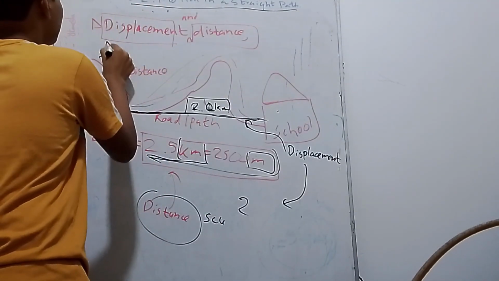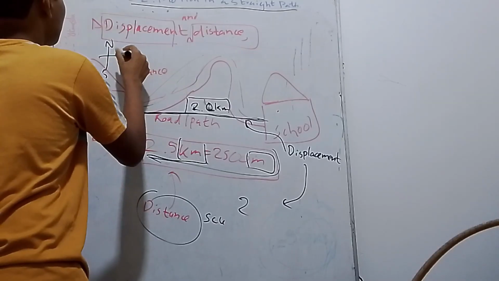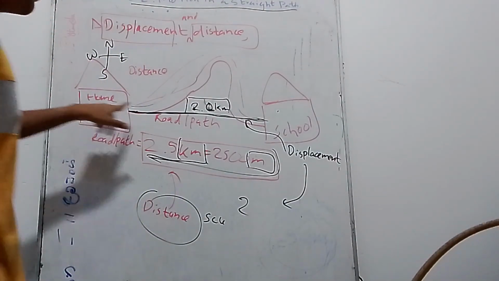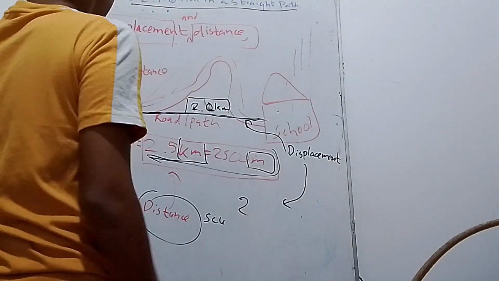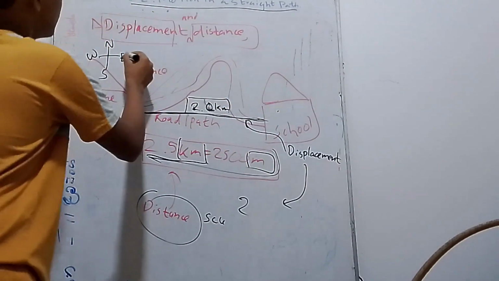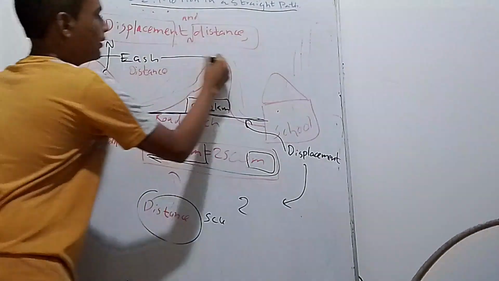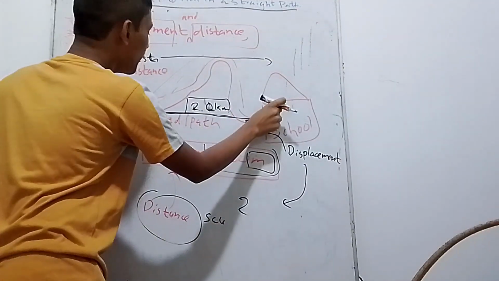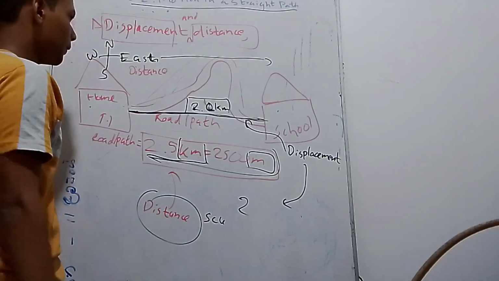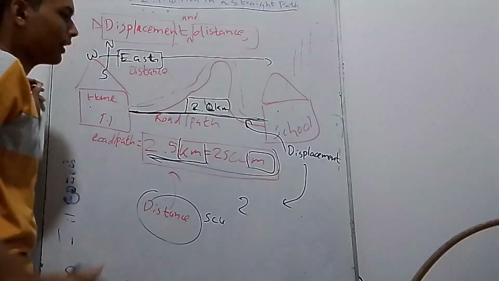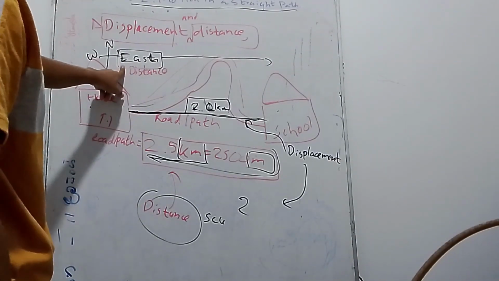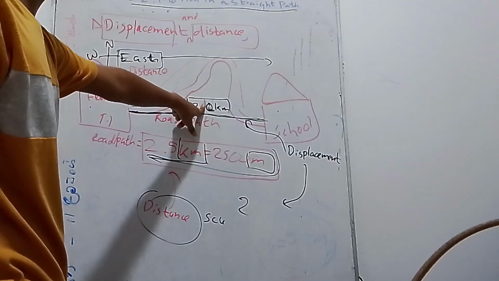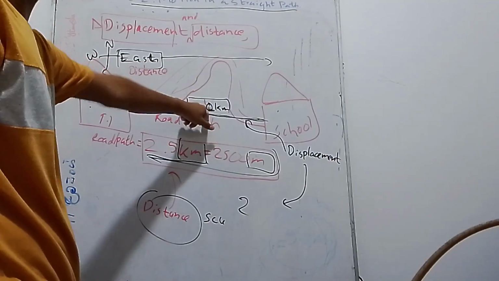So we have to write the directions like this: north, south, east, west. As you can see here, the school is situated east of the home. This right side represents east. So this is the direction. Displacement has a direction and also a specific magnitude, so displacement is a perfect vector quantity.